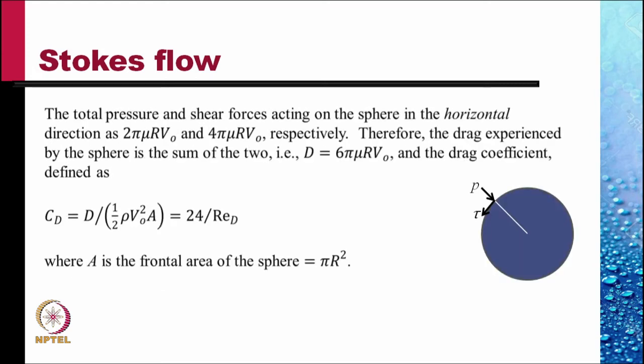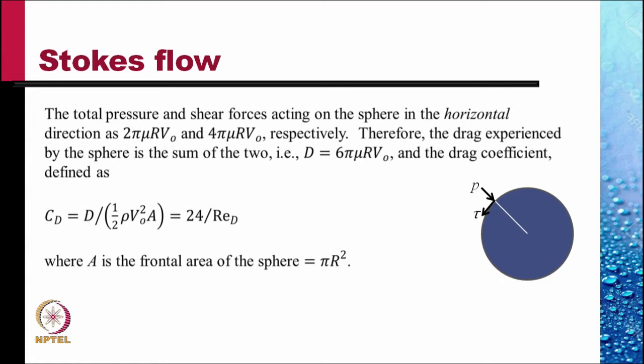The total pressure and shear forces acting on the sphere in the horizontal direction are obtained as 2 pi mu R V naught and 4 pi mu R V naught respectively. These are obtained by integrating the horizontal component of the pressure forces and the shear forces over the entire surface of the sphere.